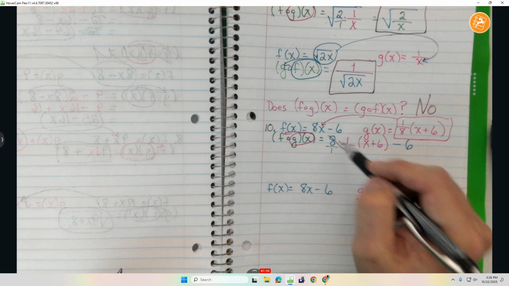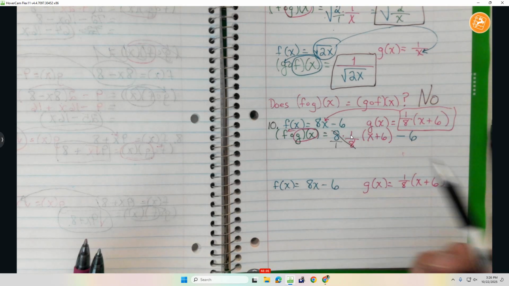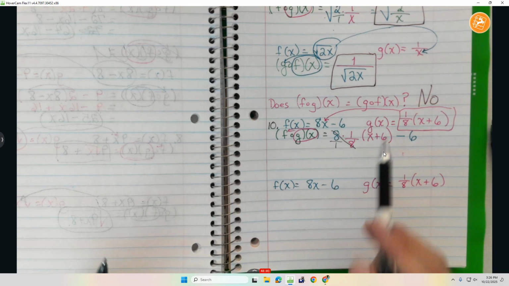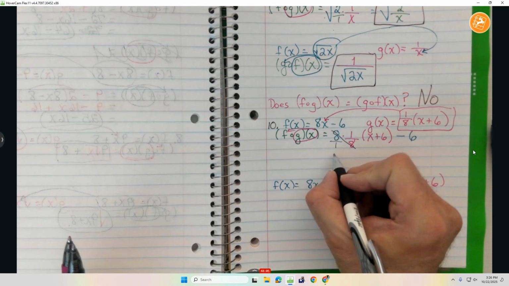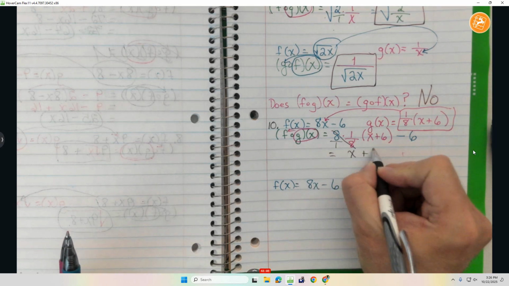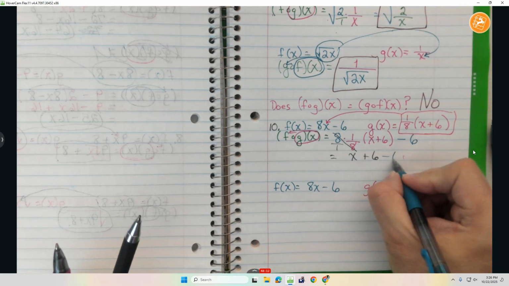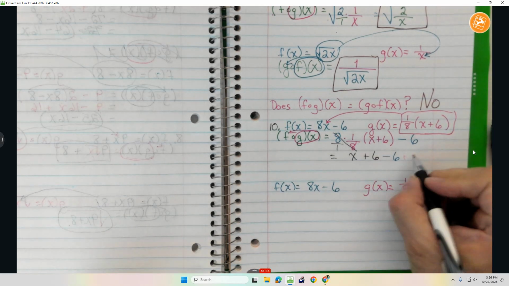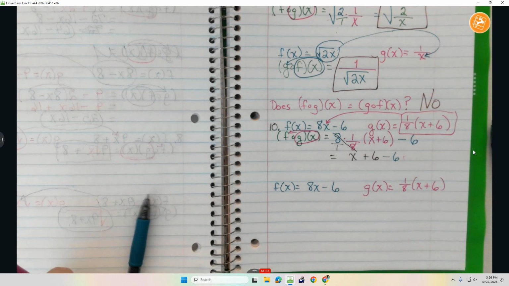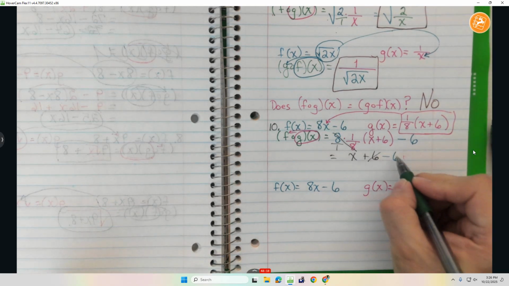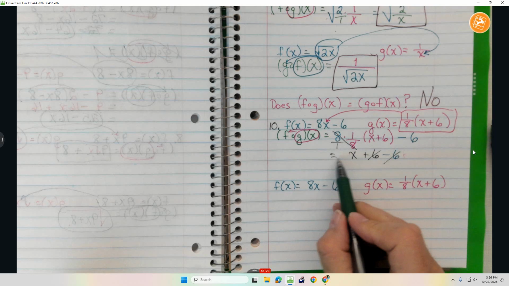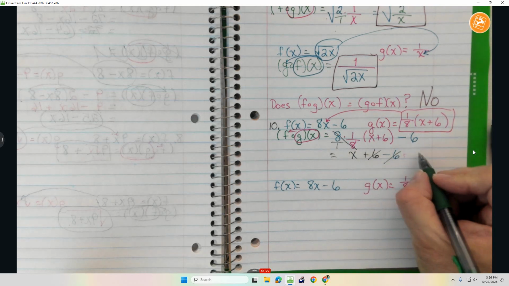The 8's cancel, so we just have a 1 to distribute over the x plus 6. So we have x plus 6, and we still have that minus 6 there, which reduces to... the 6's subtract out. What's left there? Just x.